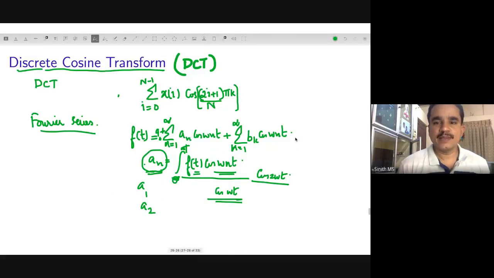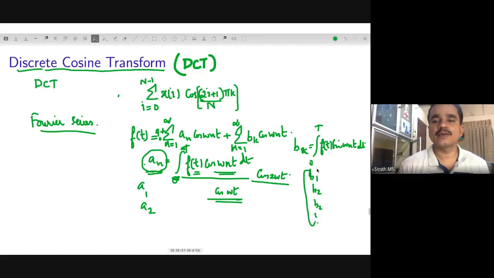Similarly, you can find bk, where you correlate your signal f of t with sine omega n t dt, and you get a set of b1, b2, etc., which are the correlation to sine omega t, sine 2 omega t, sine 3 omega t, etc., which are increasing frequencies or multiples of frequencies.